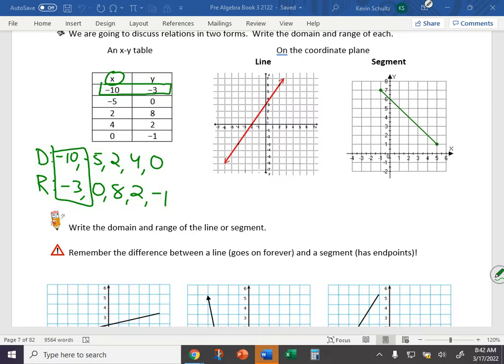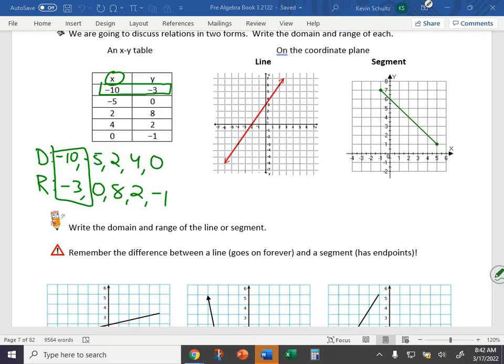Okay. When you're given a graph, though, things are a little bit different. Because in a line, for example, what do we know about a line? Straight. It's straight. What else? Doesn't end. Goes on forever, right? What about this figure tells you that it's a line and then it goes on forever? The arrows. Okay.